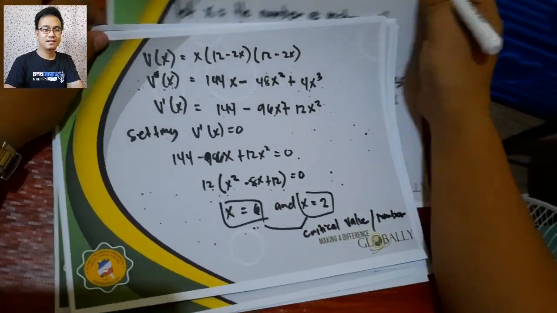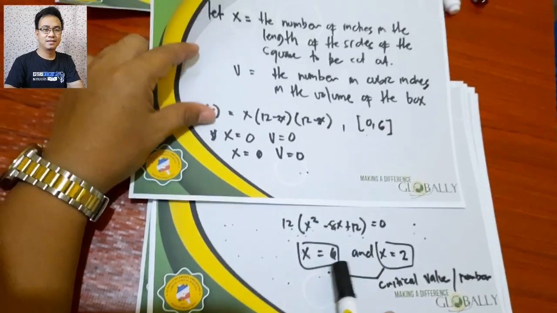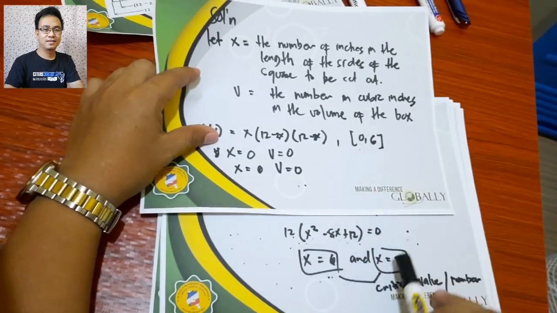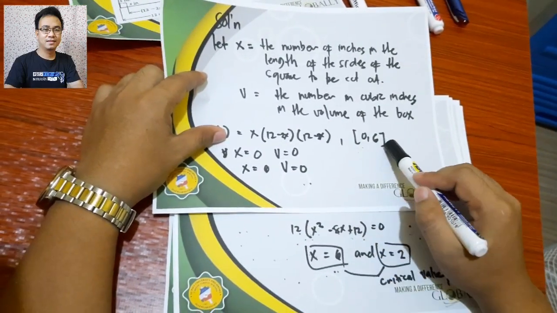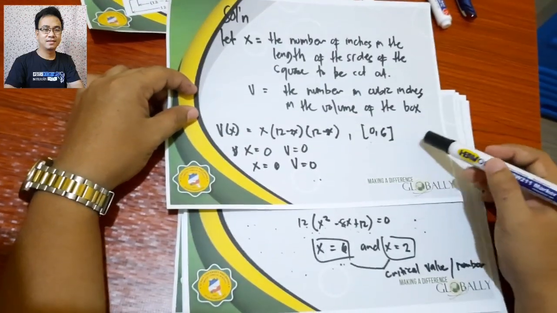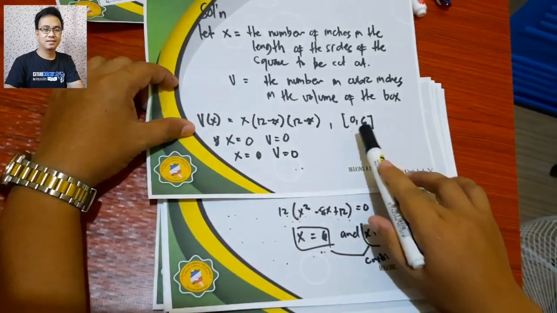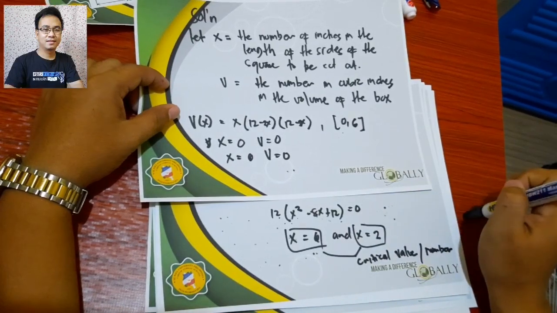In our interval 0, 6 earlier, you notice that 6 is defined on this interval, 2 is also defined in this interval. So the absolute maximum value of V on 0, 6 must occur either at our critical value or at the endpoints 0 and 6.